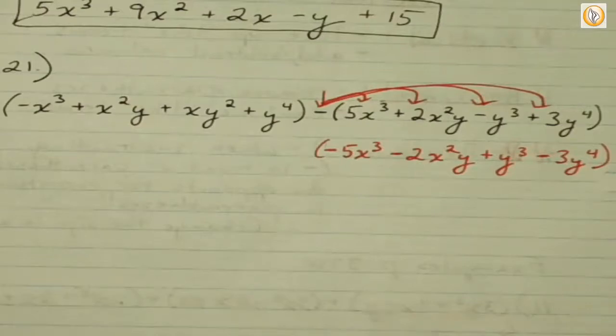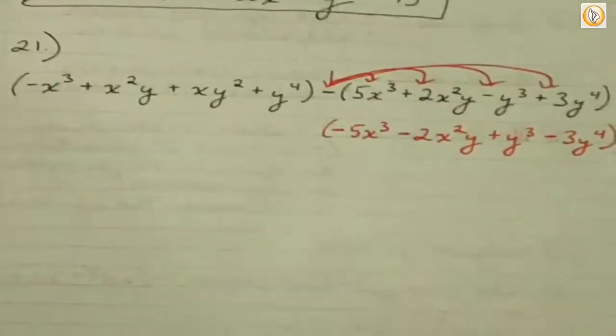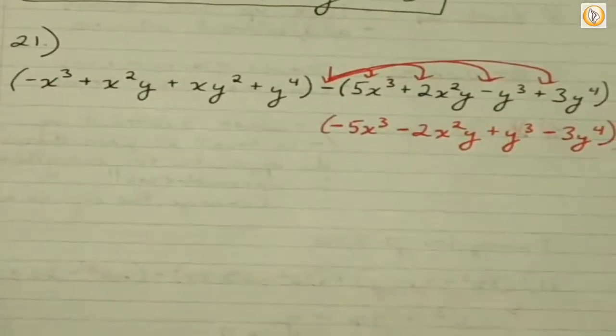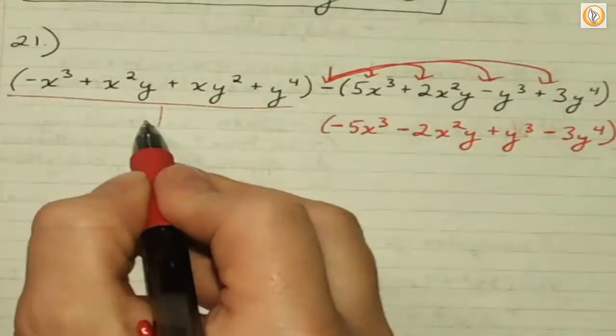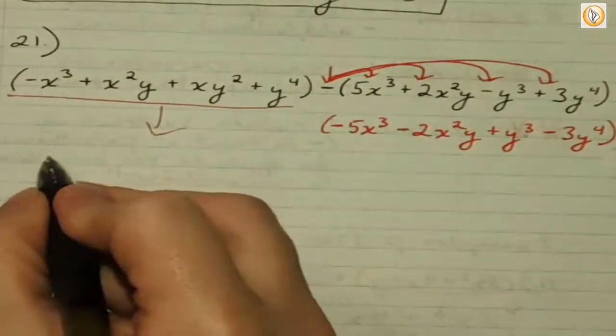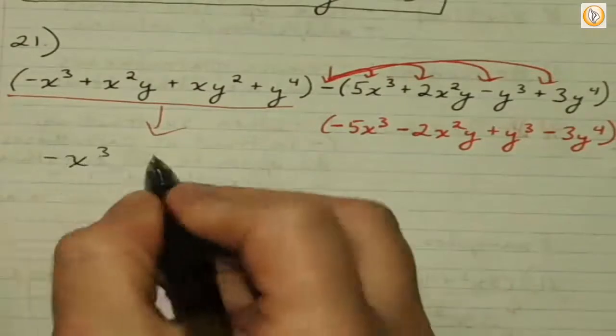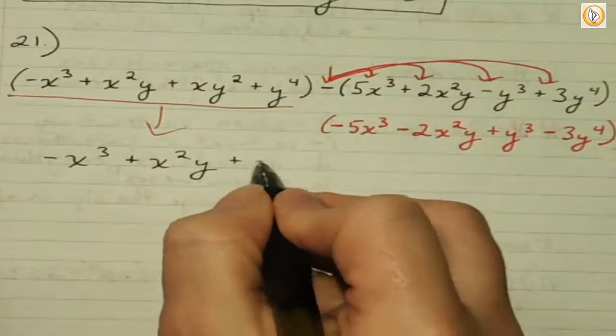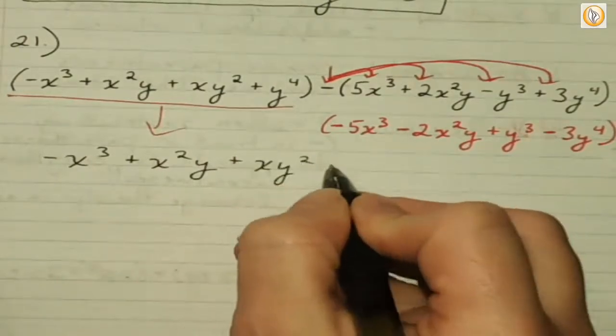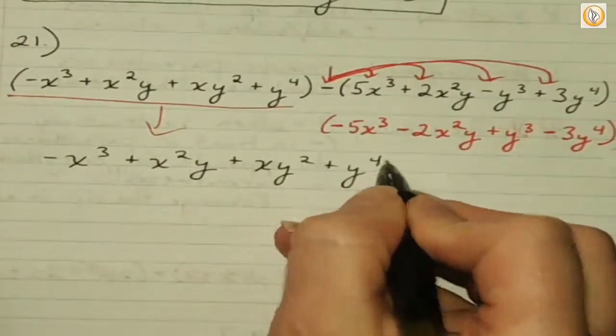Okay, so I'm going to set this up as vertical. If you want to do it horizontally, you can. But I'm going to rewrite this first polynomial: negative x cubed plus x squared y plus xy squared plus y to the fourth.